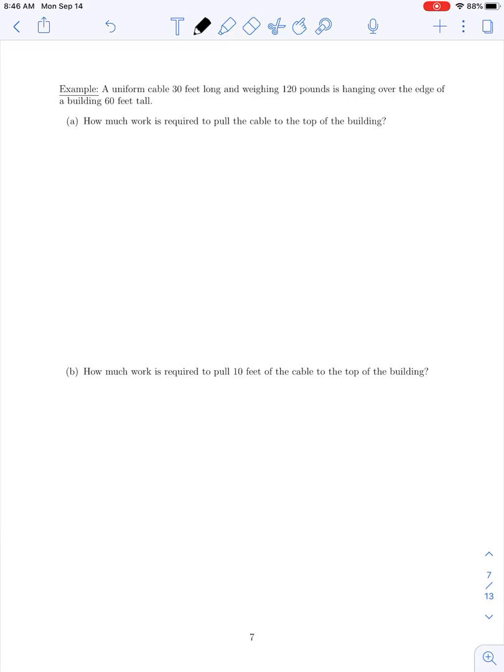Again, I'll illustrate this. So we have a 60-foot tall building, and we have a uniform cable, which is 30 feet long, hanging over the edge of this building, and it weighs 120 pounds total. So how much work is required to pull the cable to the top of the building? So let me start by labeling the total length of our cable, which was 30 feet.